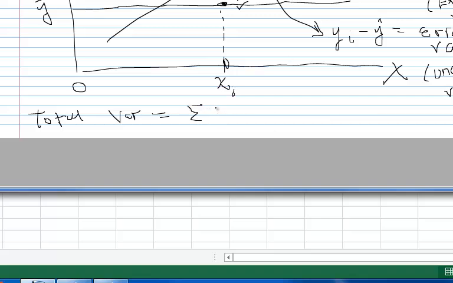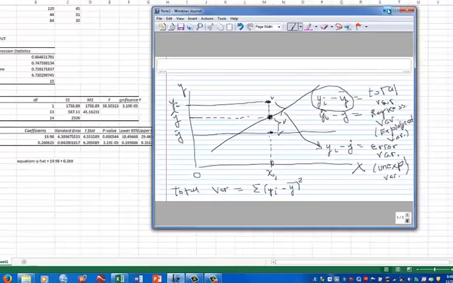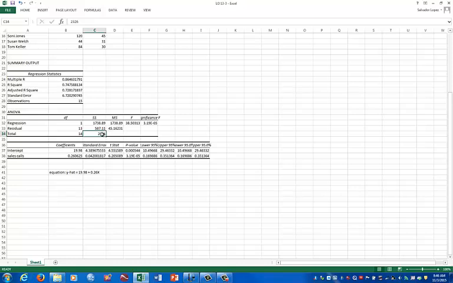So it's the summation of all these differences between each actual value and the mean, squared. So take those differences, square them, and then add them up. And you will get 2326.